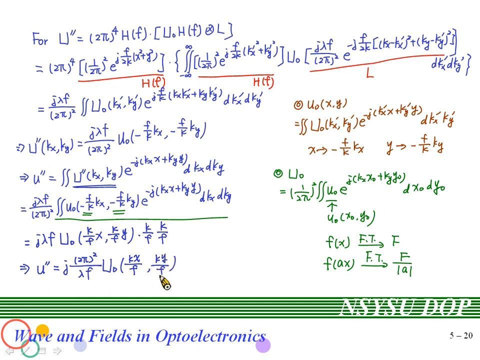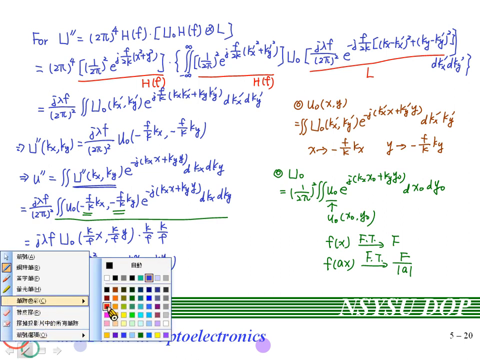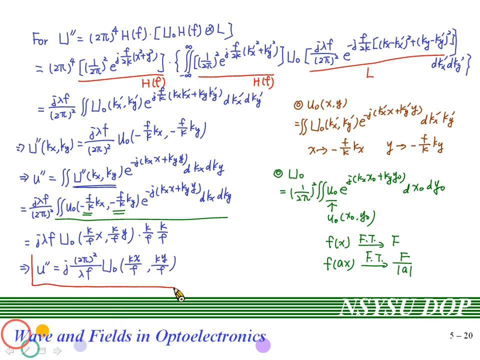Okay, and clearly from this final result, you will see that U double prime here stands for the diffraction amplitude by a thin lens, and this result tells you that the U double prime will be in proportion to the capital U0 function, which is the Fourier transform of U0 function.